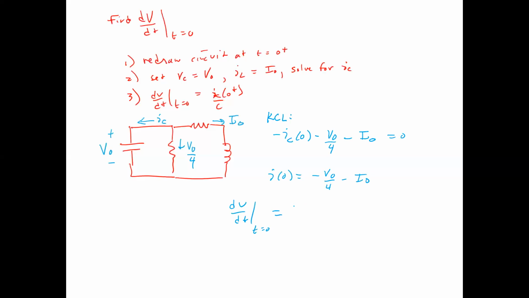So it's going to equal IC of 0 over 1/2, which gives us minus V0 over 2 minus 2I0. So that becomes the second boundary condition for finding A1 and A2.